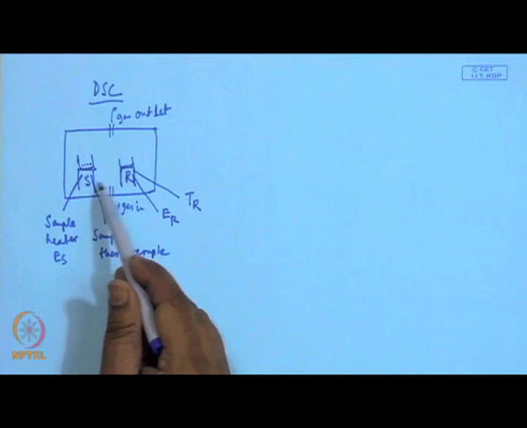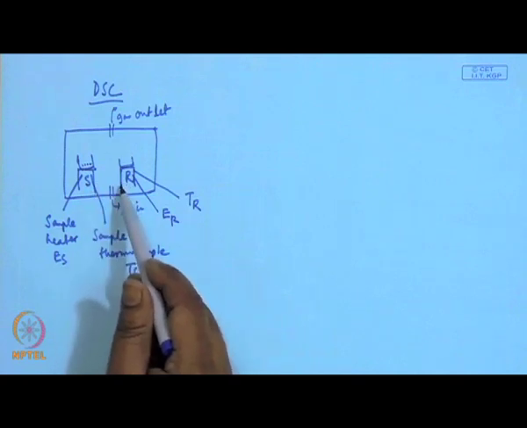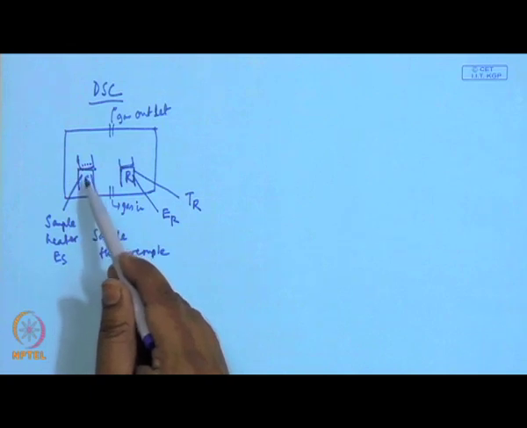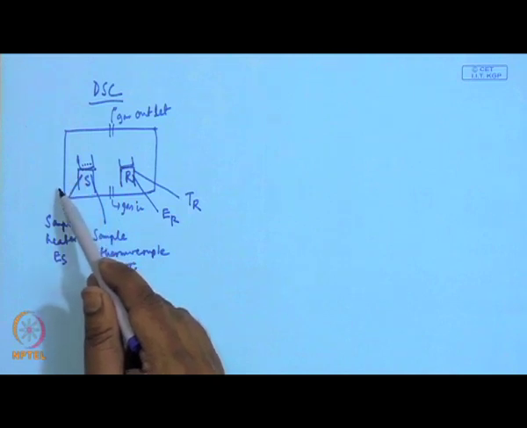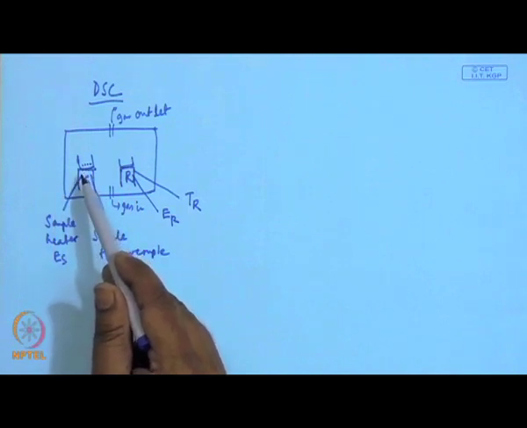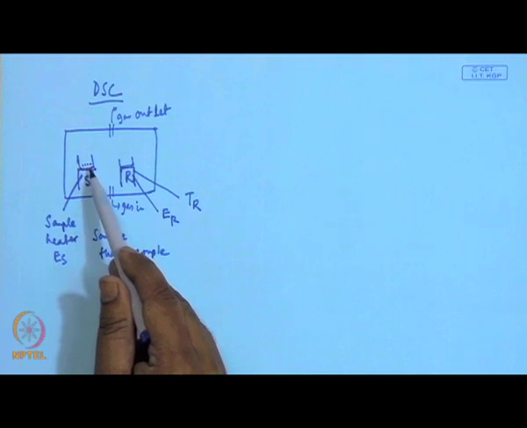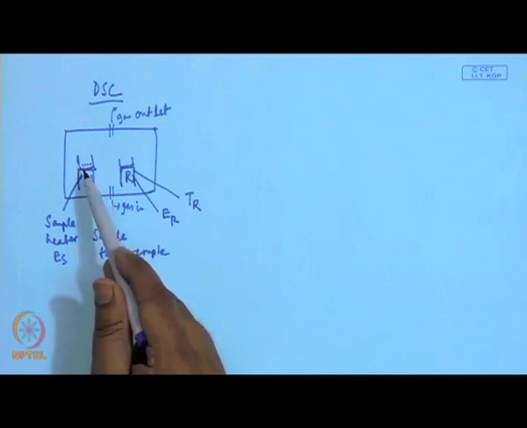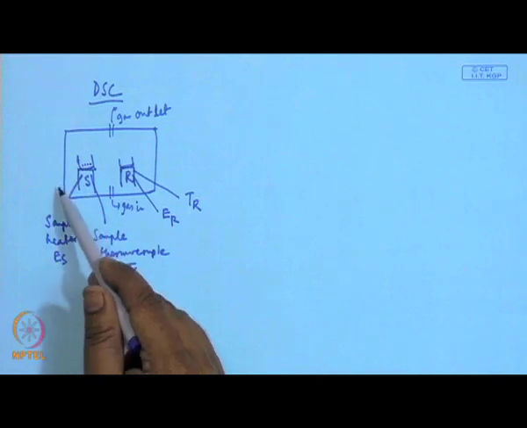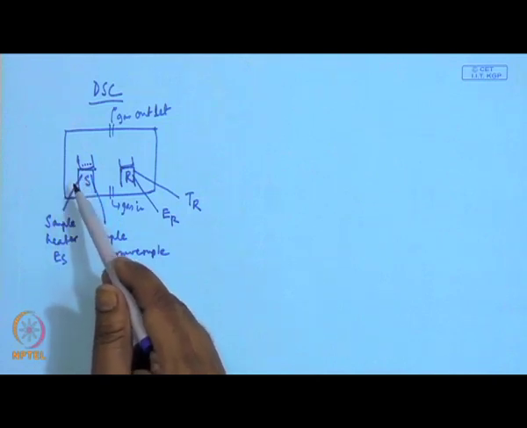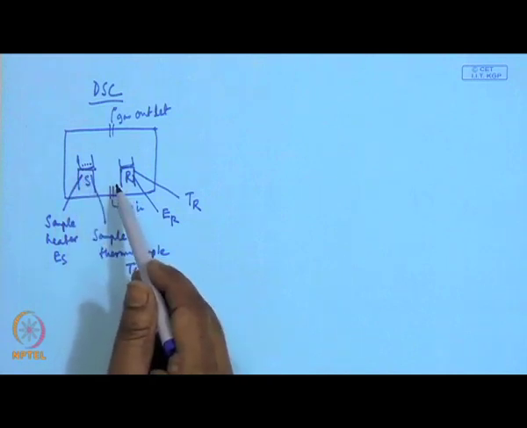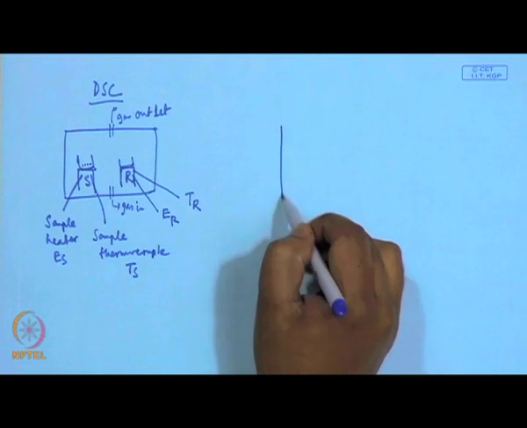The temperatures for the sample and the reference are kept the same, and to maintain the same temperature, heat or energy is supplied to the sample if there is something happening, some exothermic or endothermic reaction going on. So, if there is some exothermic transition or reaction, then to maintain the temperature, the system has to supply more energy from outside to maintain the temperature.